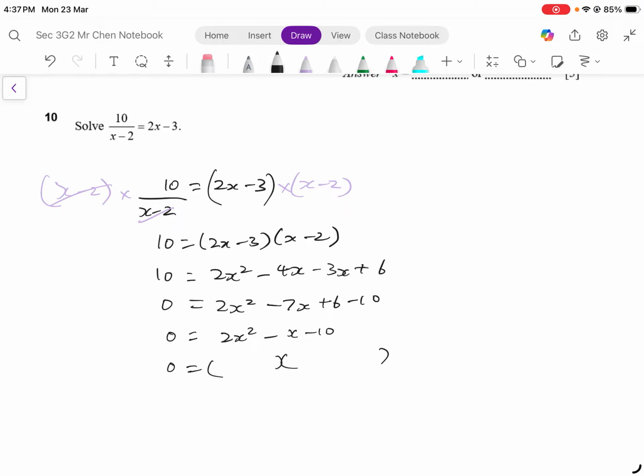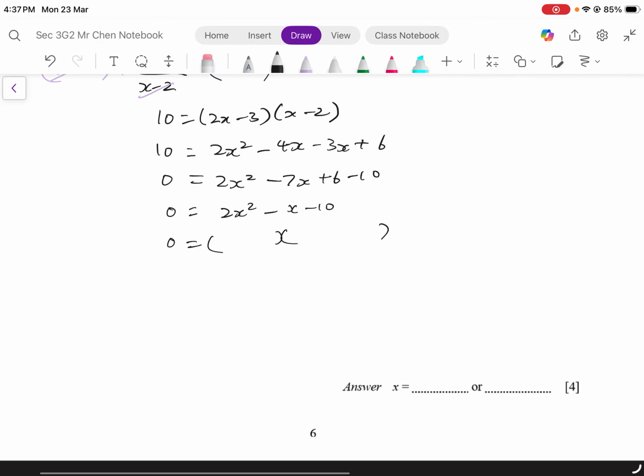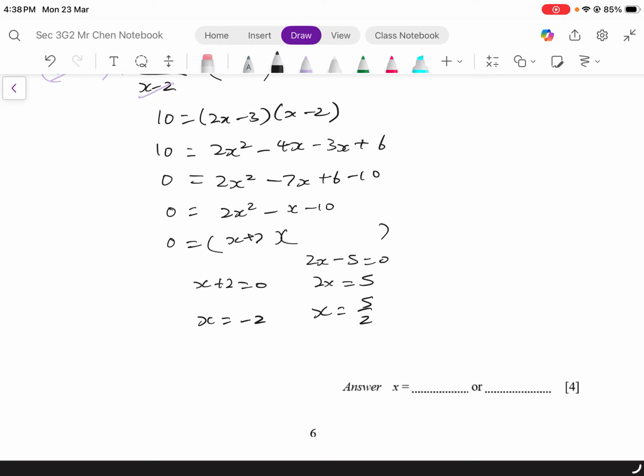They give you 5 over 2 and minus 2, right? So x equals minus 2, x equals 5 over 2, so 2x minus 5 equals 0. So you get x plus 2, 2x minus 5. The calculator method works backwards. So your answer is minus 2 and 5 over 2.